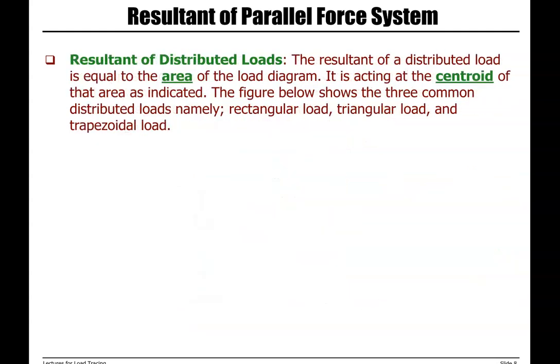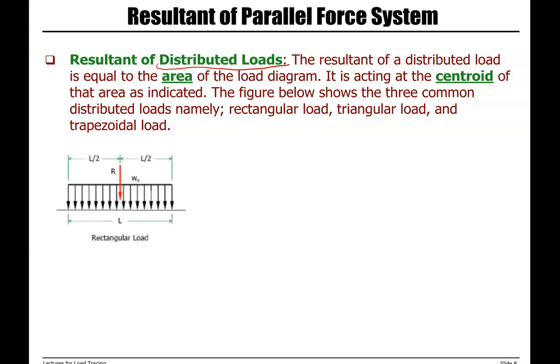Now we want to look at the resultant of distributed loads. The resultant of a distributed load is equal to the area of the load diagram. It's acting at the centroid of that area as indicated. So let's look at 3 examples.